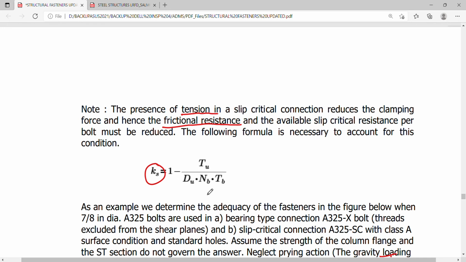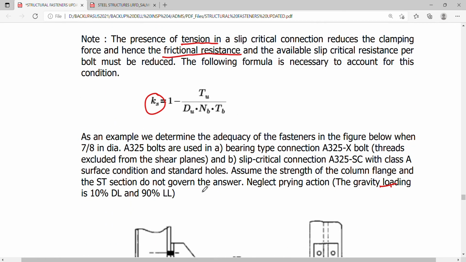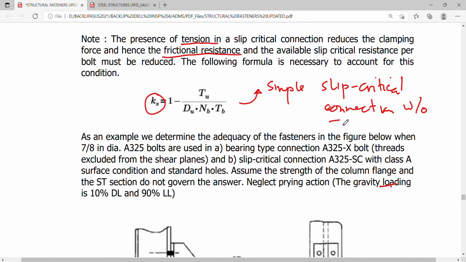Okay, so as an example, these parameters are still the same parameters we used on the simple slip critical connections without tensile forces.